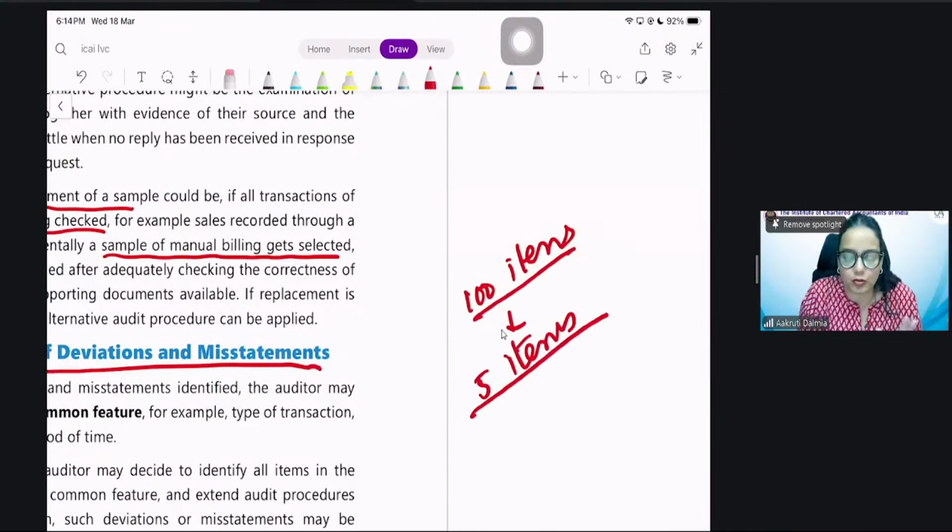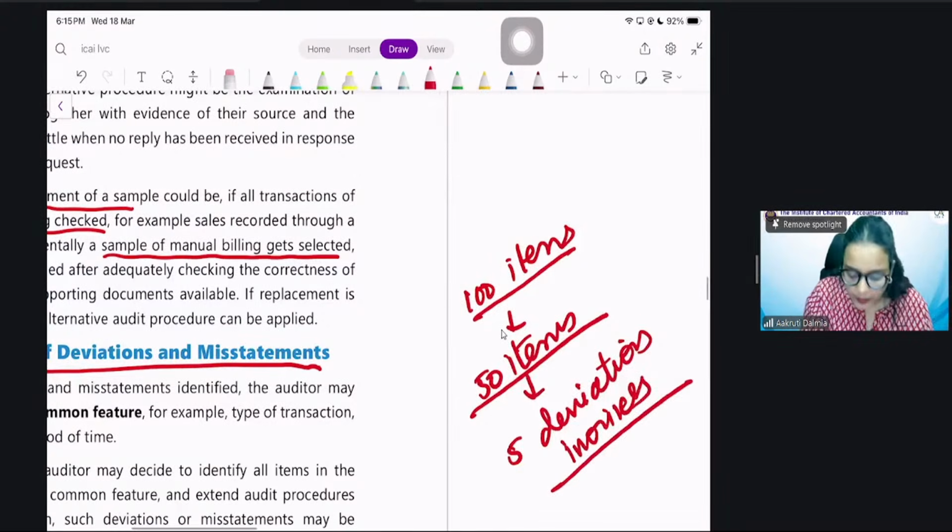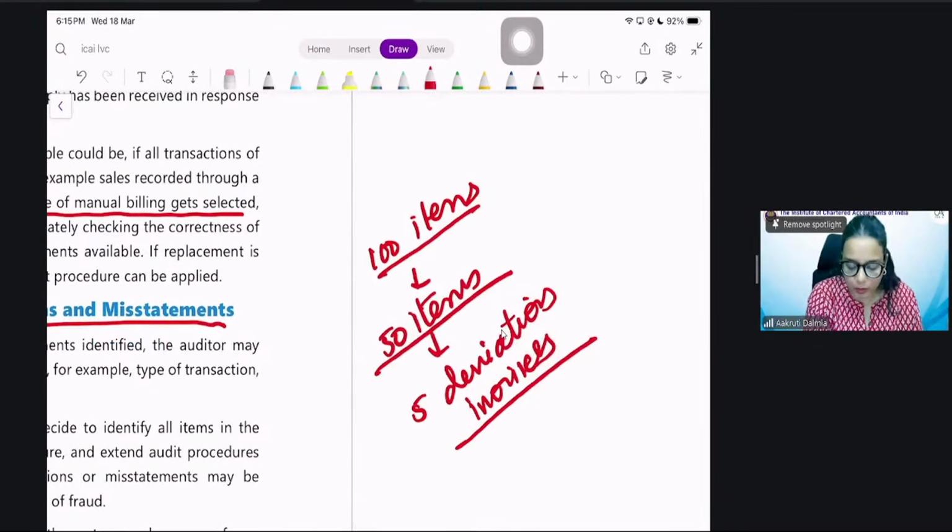You have taken this decision that out of 100 invoices, I am going to check a few items only. Let's say you checked 50 items and you found problems in 5 invoices. So out of 100 items, you checked 50 items, and in those 50 items, you found deviation in 5 invoices.